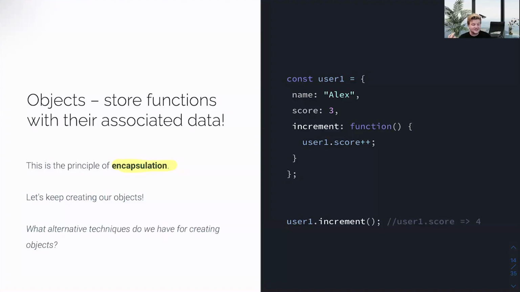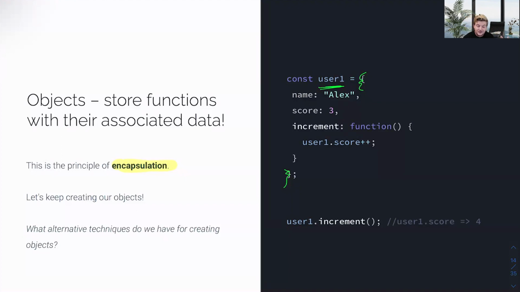Yeah, and you did an excellent job. That was exactly what I was looking for. Like Rochelle said, we see here we've declared a const user1. So we've declared a const with a label of user1, and we've assigned it the value of this object literal, right? These curly braces that we've populated with some key value pairs. And just like Rochelle said, we have a key of name, which has a value of Alex, which is a string in this case.